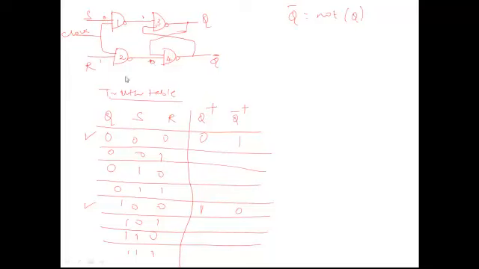So the output of NAND gate 1 is 1, and the output of NAND gate 2 is 0. Now we are sure at least one input of the fourth NAND gate is 0. Therefore, we can directly write Q bar is 1. When Q bar is 1, both inputs to NAND gate 3 are 1 and 1, so it will give you 0.